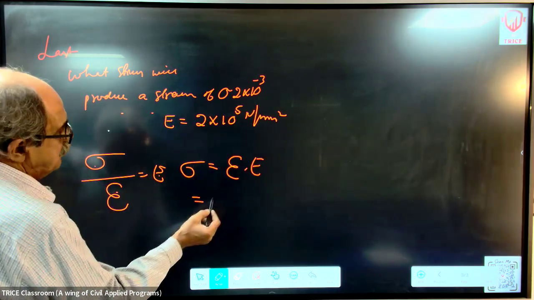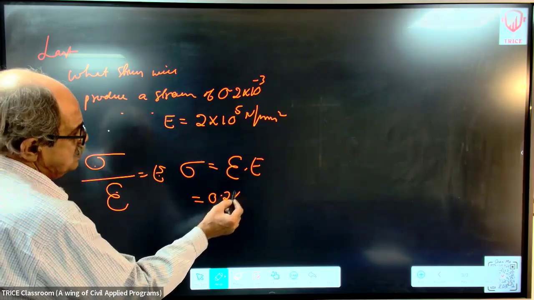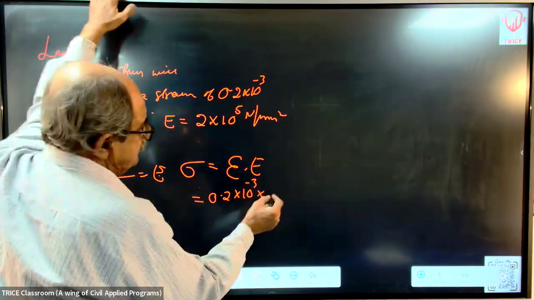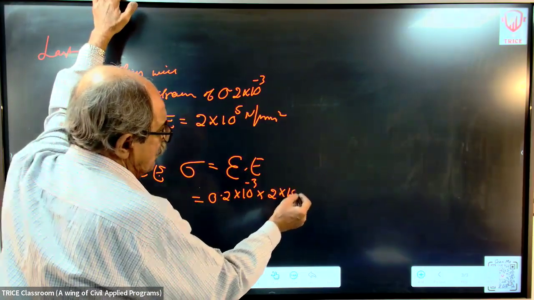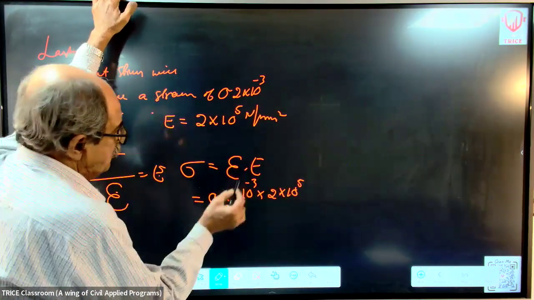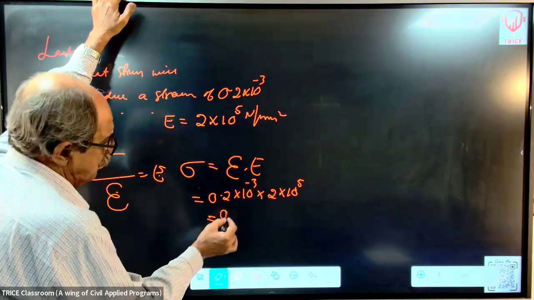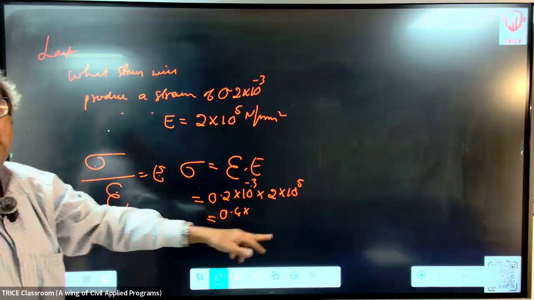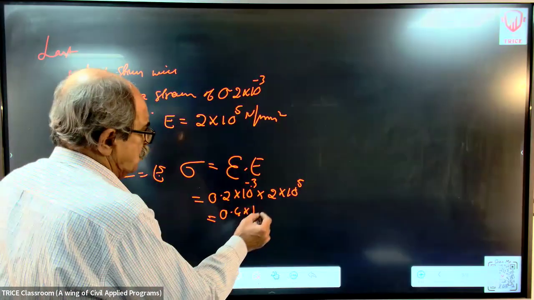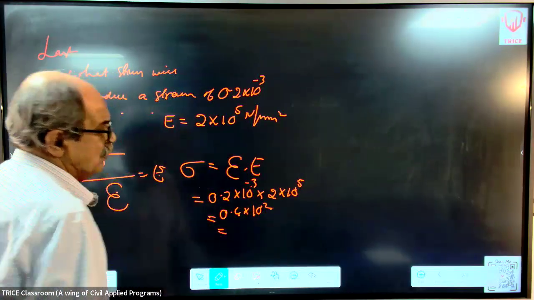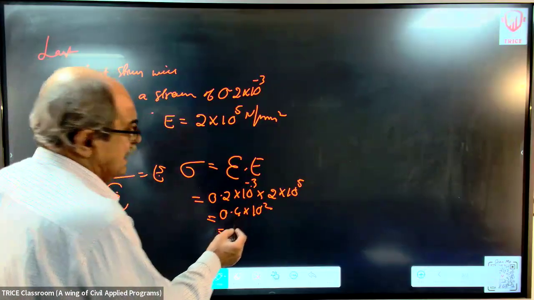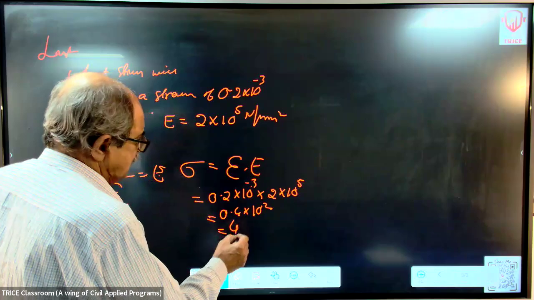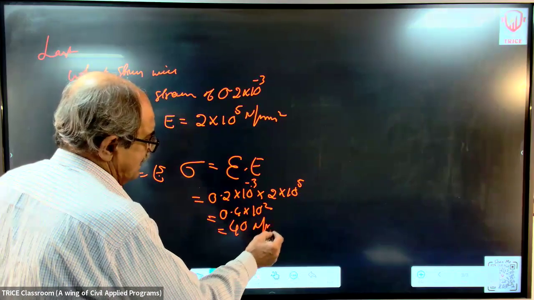Strain is 0.2 into 10 to the power minus 3, into Young's modulus 2 into 10 to the power 5. 0.2 into 2 is 0.4. 0.4 into 10 to the power minus 3 into 10 to the power 5 is 10 to the power 2, which is 100. 100 into 0.4 will give 40 Newton per mm square.